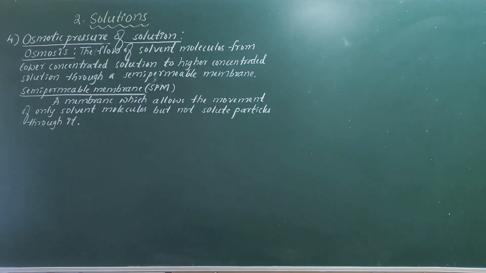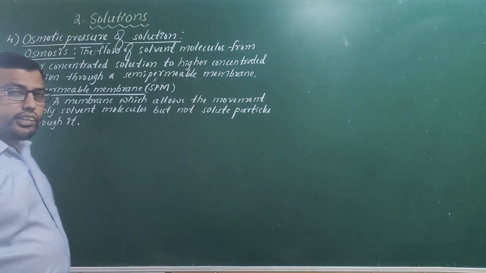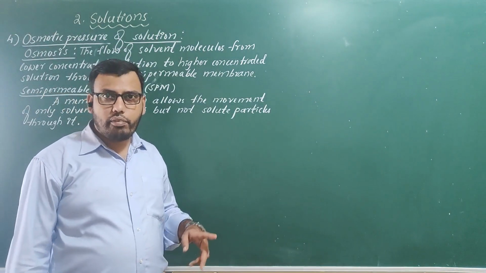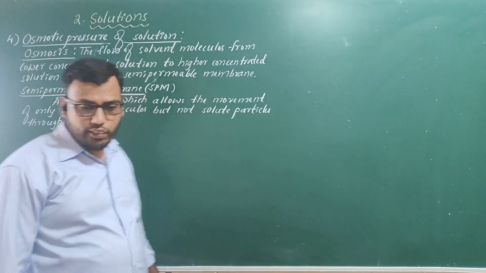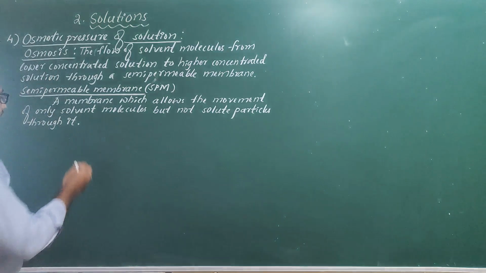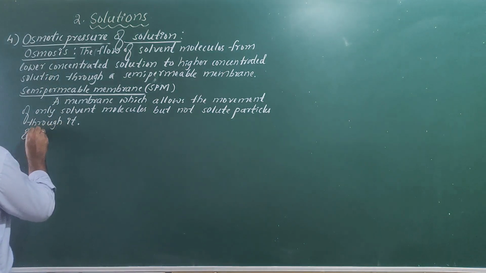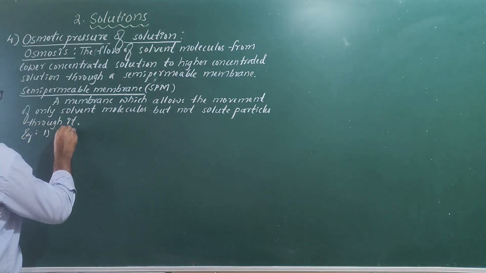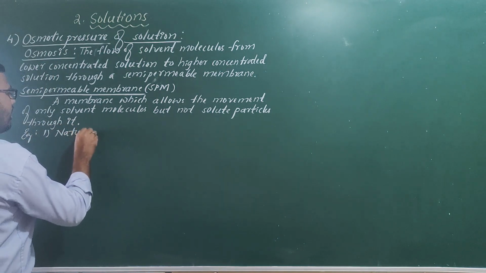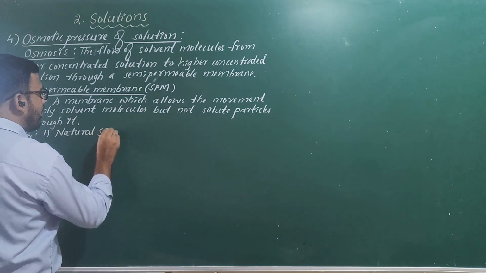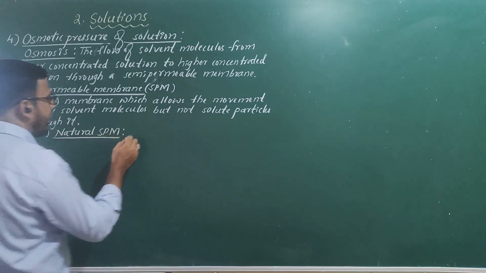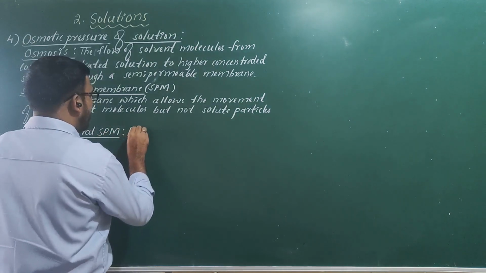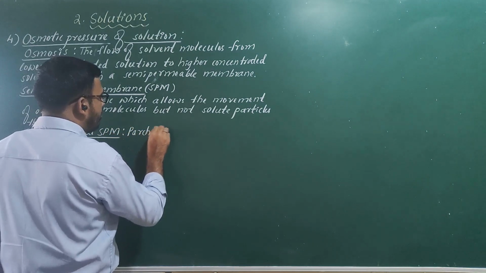I have already told you two types of semi-permeable membranes we can have, natural and artificial. Examples for natural SPM: we can have parchment paper.